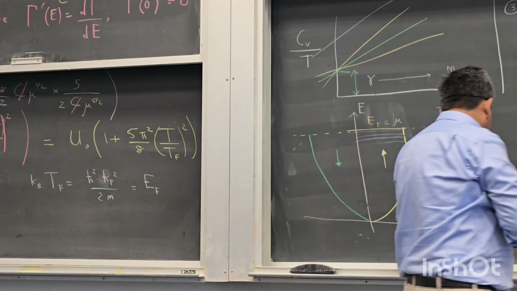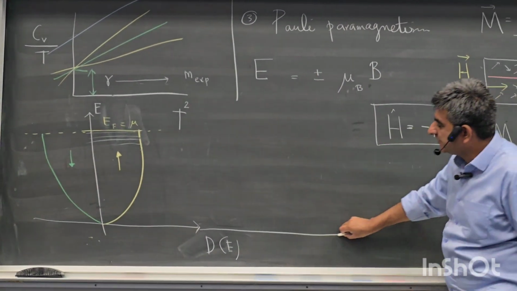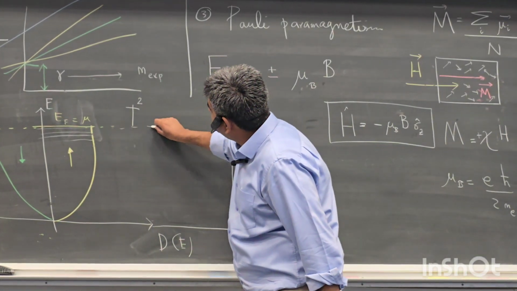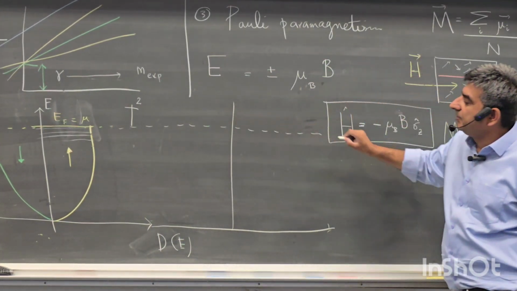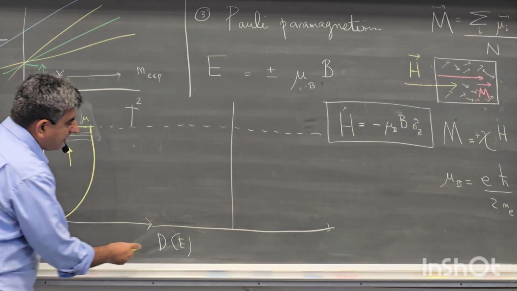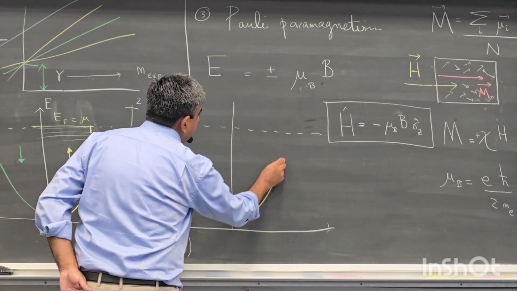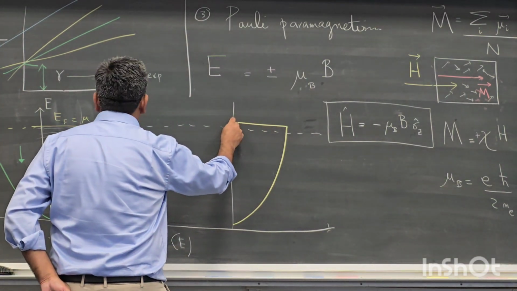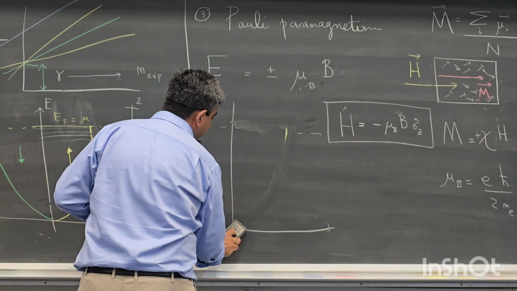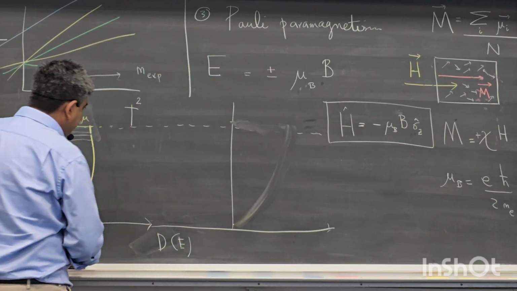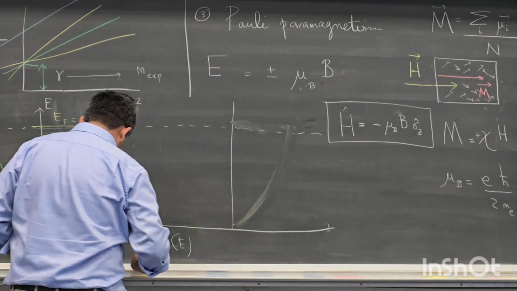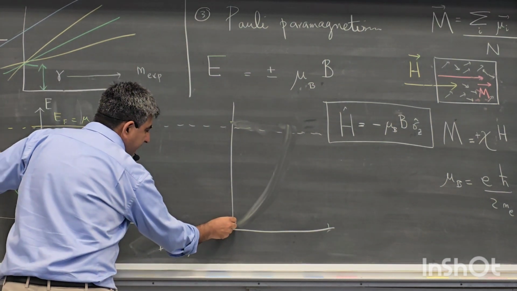So all of a sudden, on an instantaneous kind of time scale, if this were my Fermi energy before the application of a magnetic field, this band is parallel to the field, so it's going to shift down. This band is going to shift upwards.